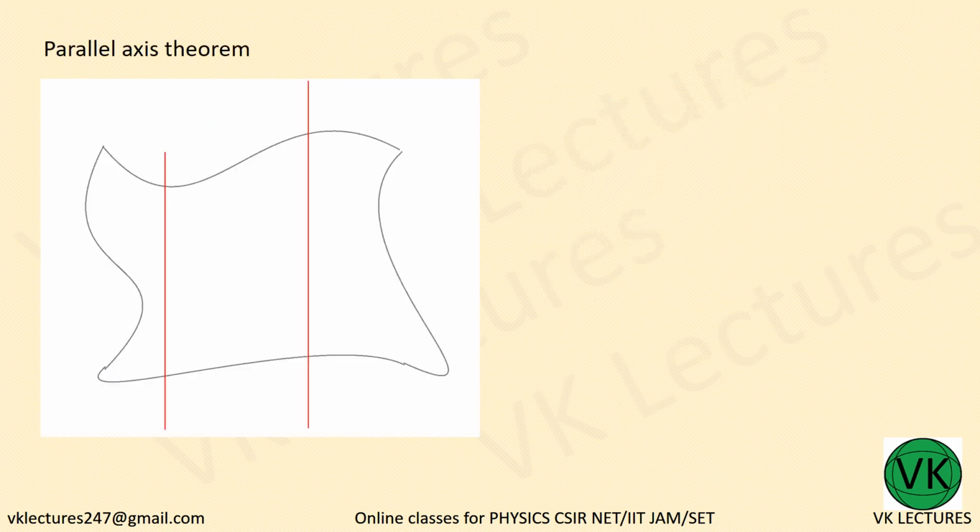Parallel axis theorem. Now the parallel axis theorem says, suppose you have this as the axis of rotation. Let us write this down. What is this? This is the axis of rotation at the center of mass.